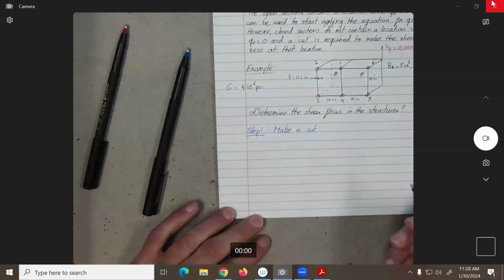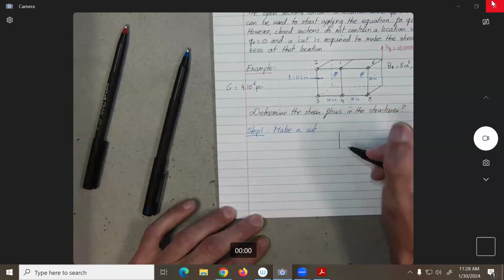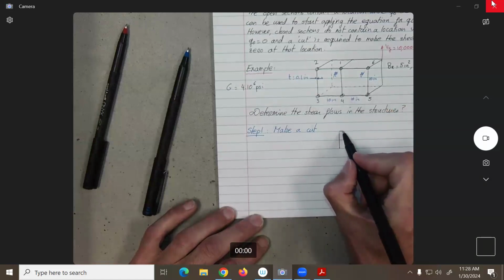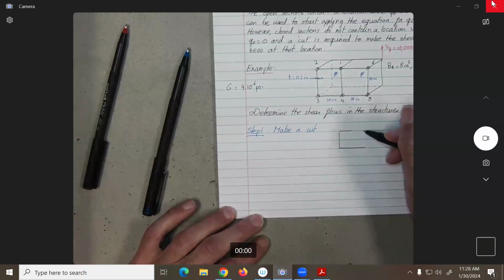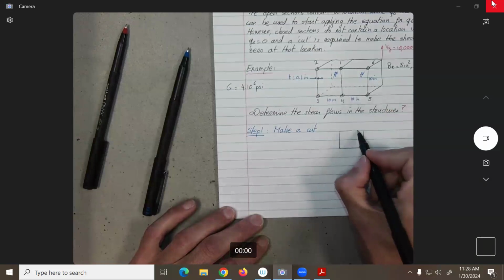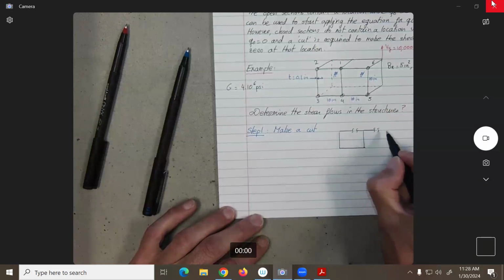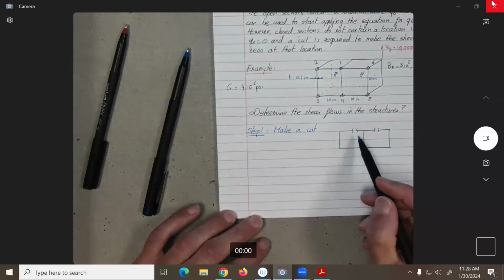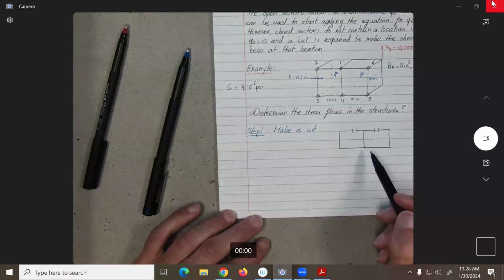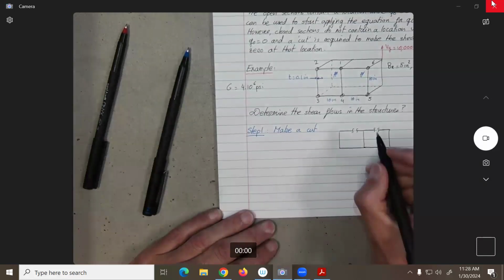For the first time, I'm going to do it for you. So I do a new little sketch, and I need to make a cut on each cell so that both of them become open structures, like you did in 318.